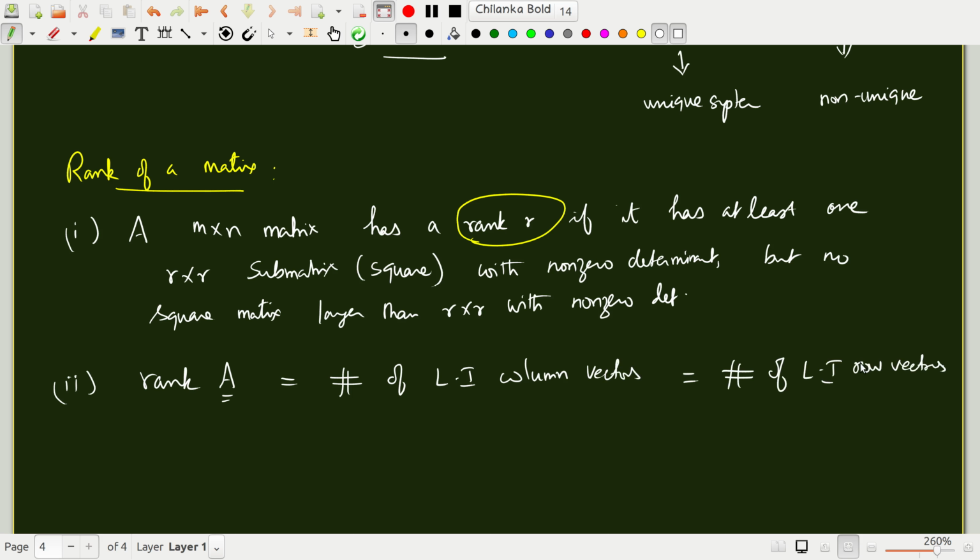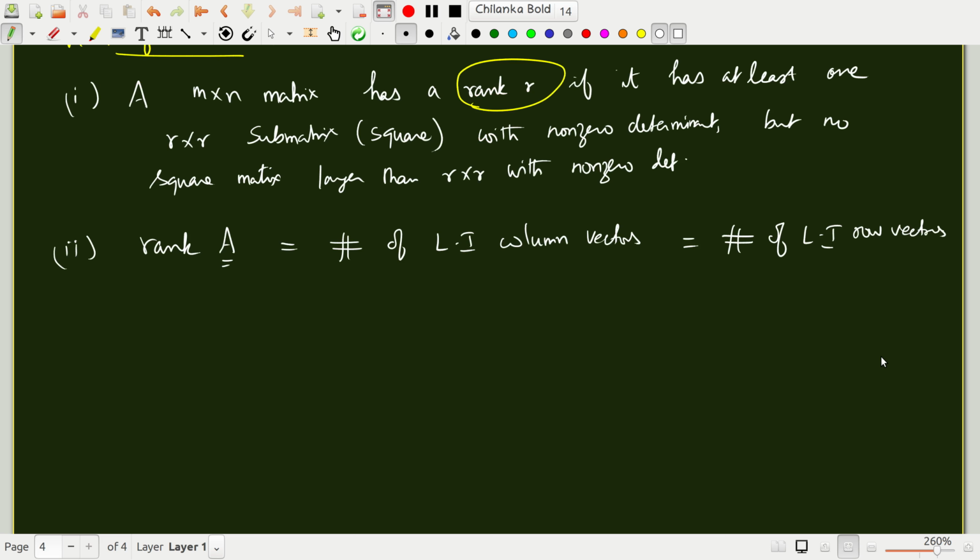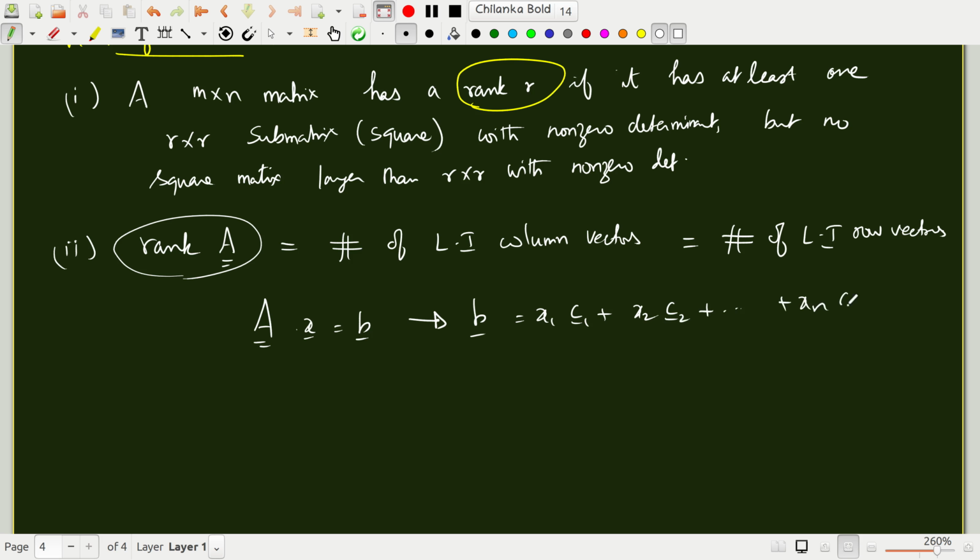So you can understand why the number of linearly independent column vectors is called the rank, because we just saw that Ax equals b can be written as b equals x1 c1 plus x2 c2 plus ... plus xn cn, right? Whether b can be expressed uniquely in terms of these vectors c1, c2, ..., cn, which are the column vectors of A, clearly depends on whether they are linearly independent or dependent.